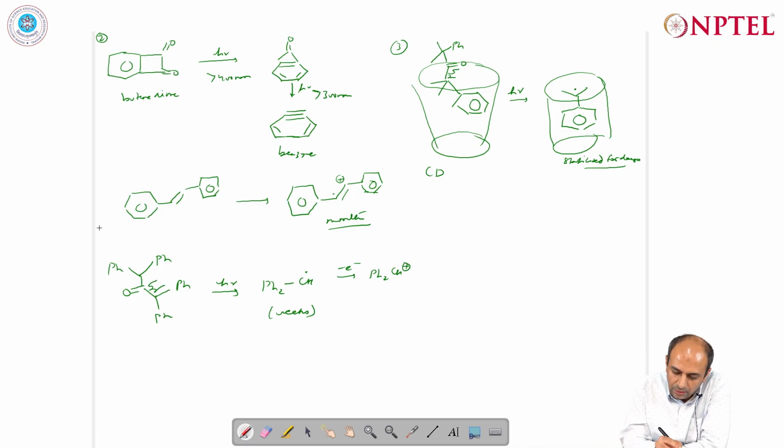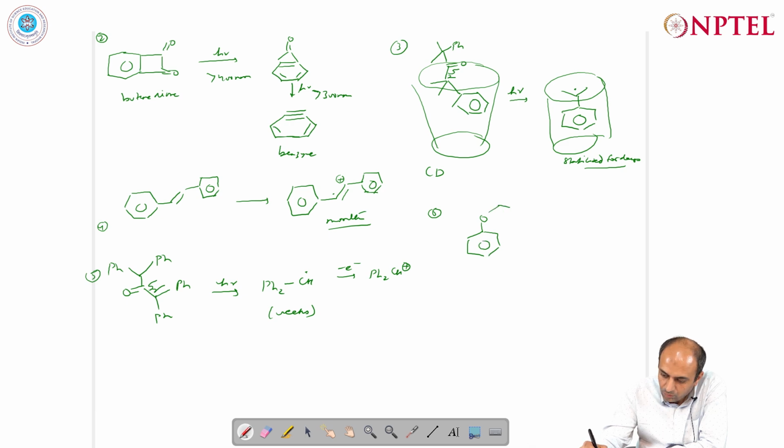Another example we can consider is a diazo compound. You have this kind of a cyclic strained system in presence of light in dichloromethane.